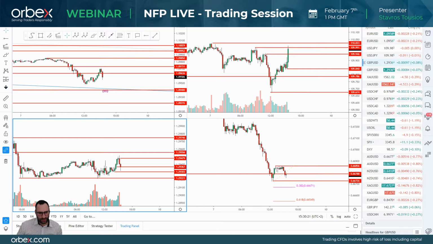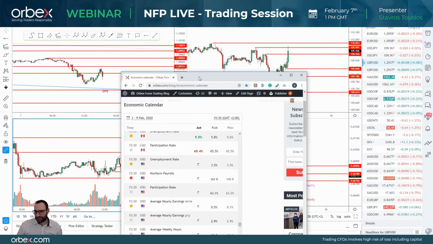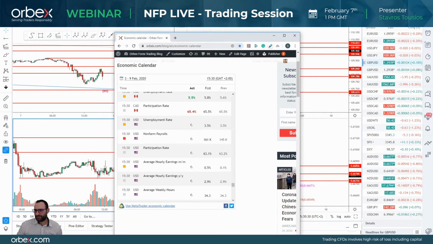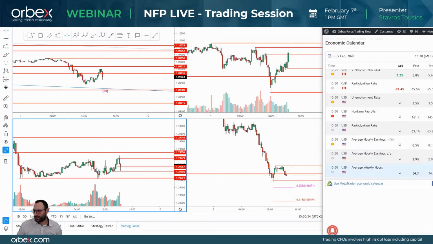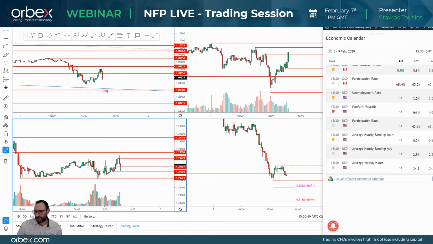Now, if we go on the numbers, they're still actually loading, if you see that. Let me just put that over here. We're still loading. However, this initial move suggests that the numbers are good.